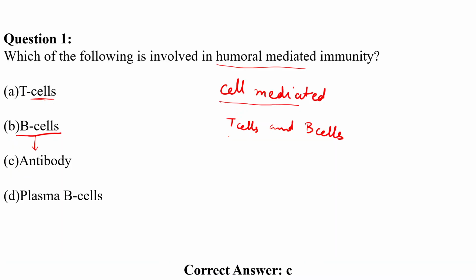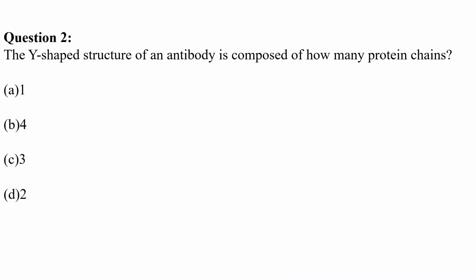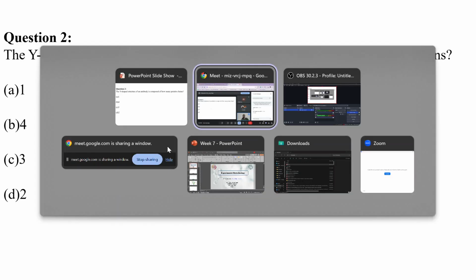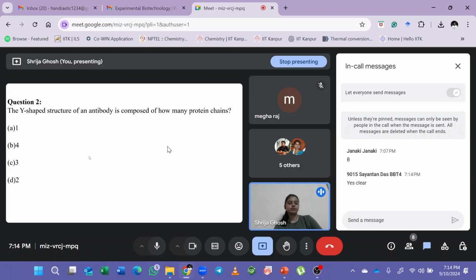Great. So I'll move to the next question now. Question number 2. The Y-shaped structure of an antibody is composed of how many protein chains? Option A 1, option B 4, option C 3, option D 2. So you have to tell the number of protein chains in the Y-shaped structure of an antibody.